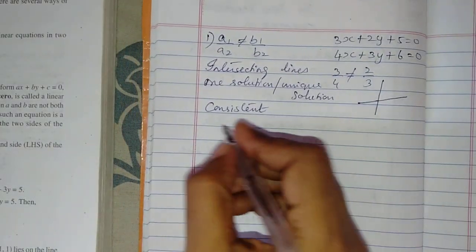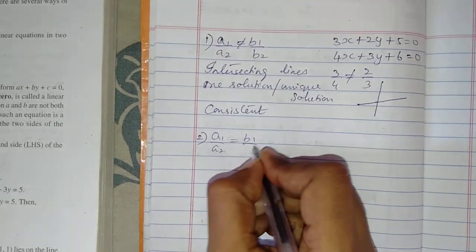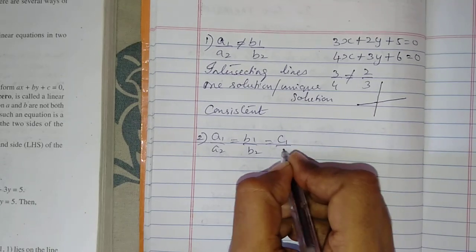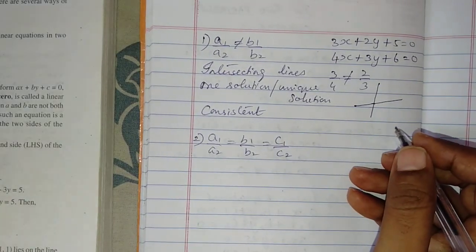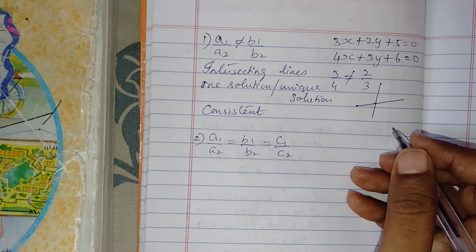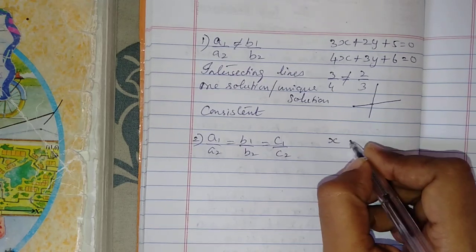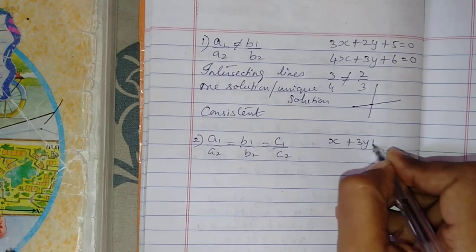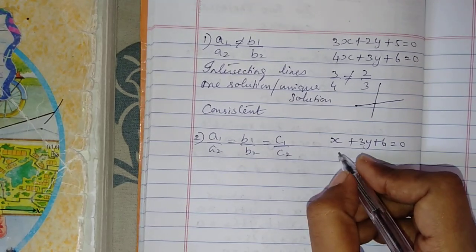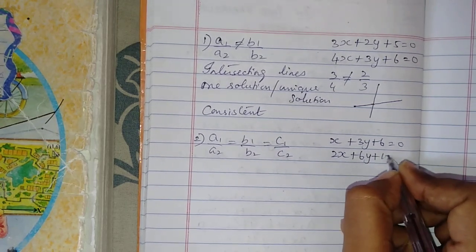Okay, the second possibility is a1 by a2 is equal to b1 by b2 is equal to c1 by c2. Say for example you have an equation x plus 3y plus 6 is equal to 0 and 2x plus 6y plus 12 is equal to 0.